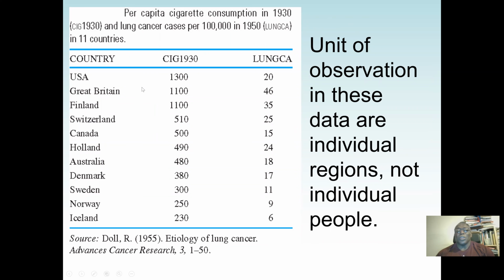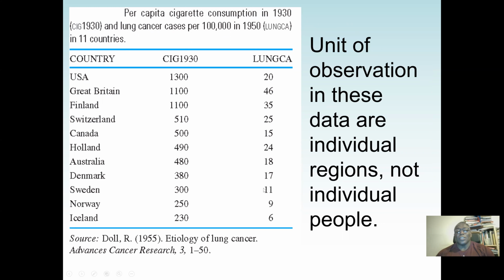So this is an example given to us. This is the per capita cigarette consumption in 1930, and also lung cancer cases per 100,000 in 1950. So here we want to see if there's any relationship between countries that consume more cigarettes. Do they have a higher lung cancer rate per 100,000 population?